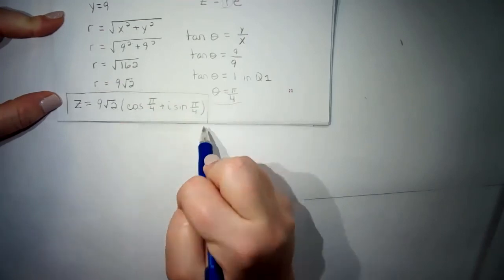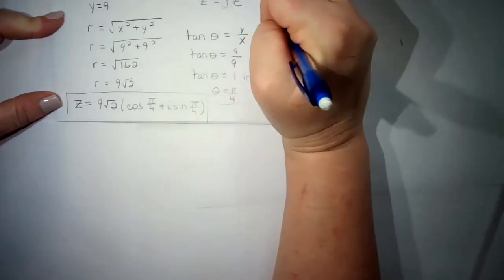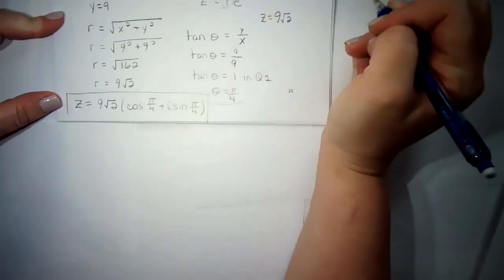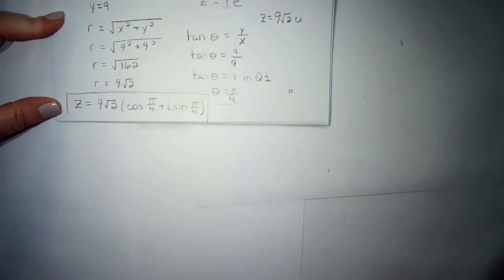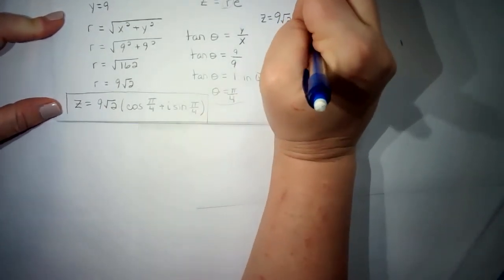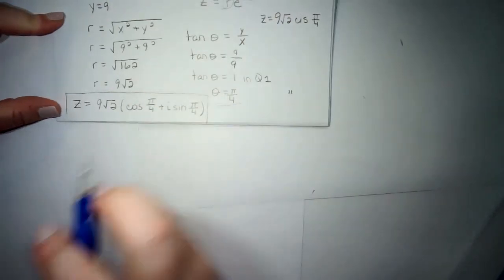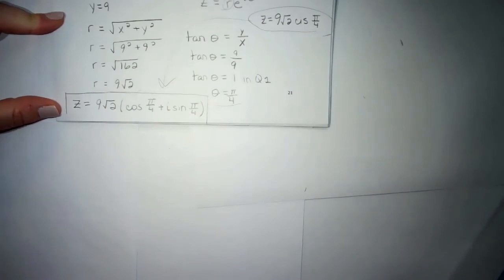That's my polar form, or my trig form. Again, you can be lazy, and it's perfectly acceptable to write 9 root 2 cis pi over 4. That's the same thing, either one, if you'd rather not write out cosine theta plus i sine theta.